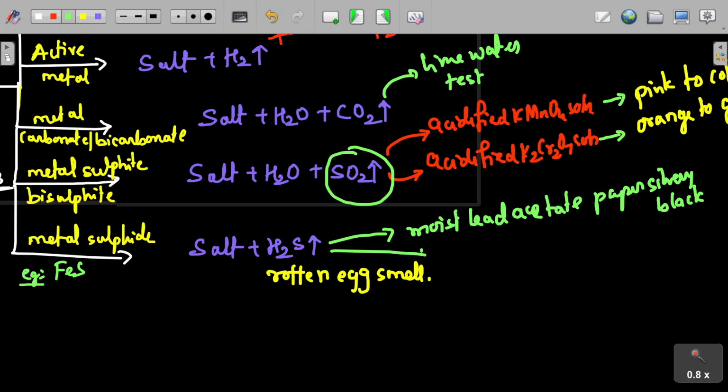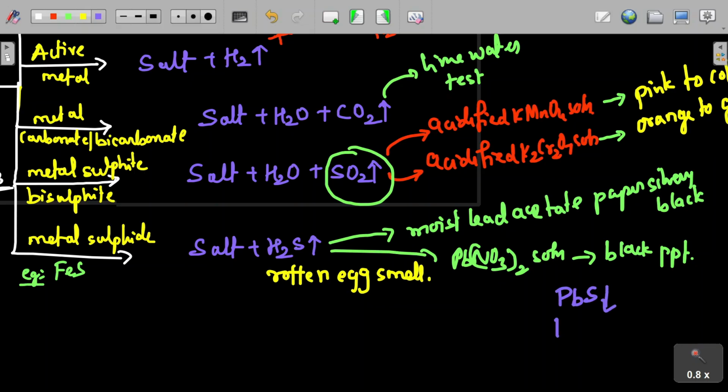Or if you take a solution of lead nitrate, then you will get a black precipitate. In both cases, lead reacts with sulfide and forms PbS, which is a black precipitate. So the paper changes to silvery black, and the lead nitrate solution itself forms a black precipitate.